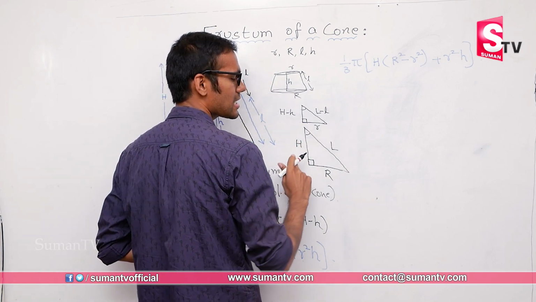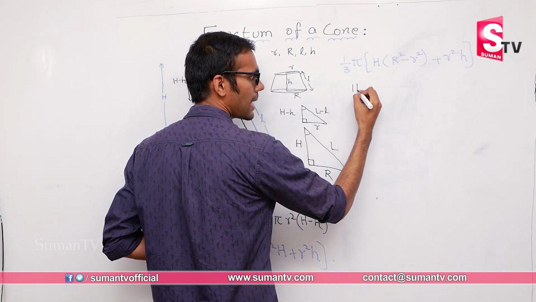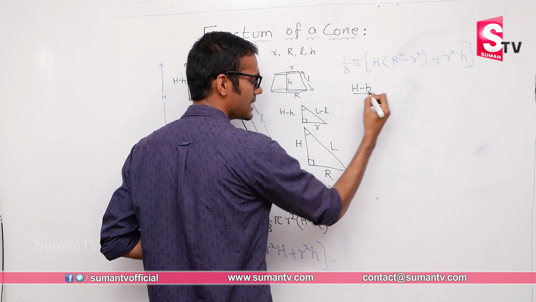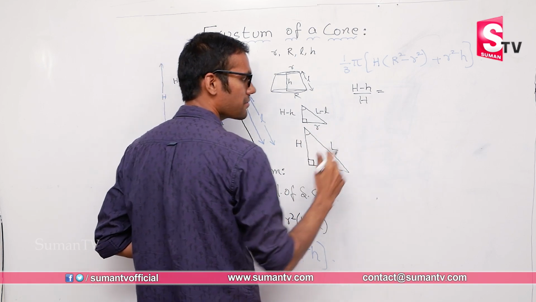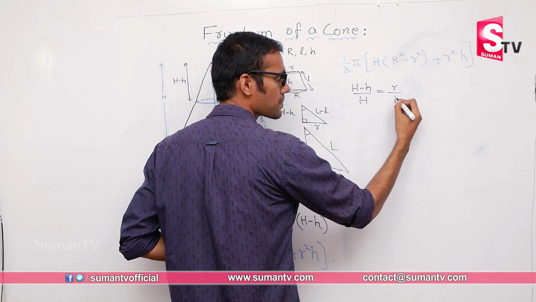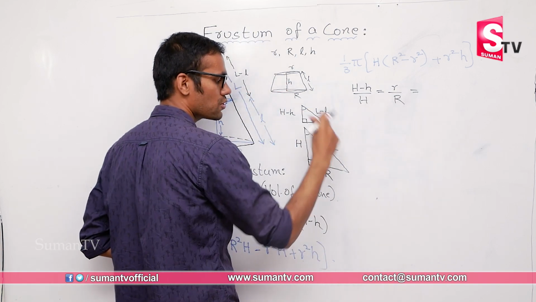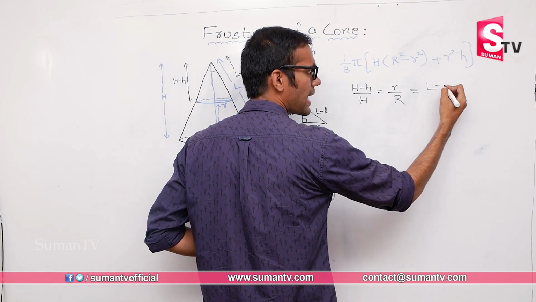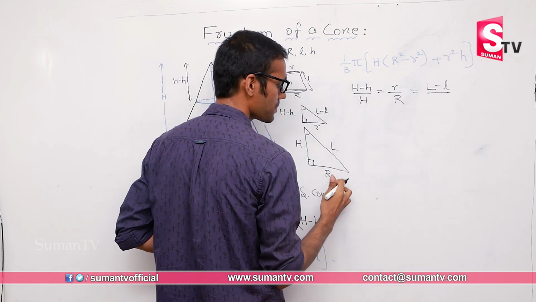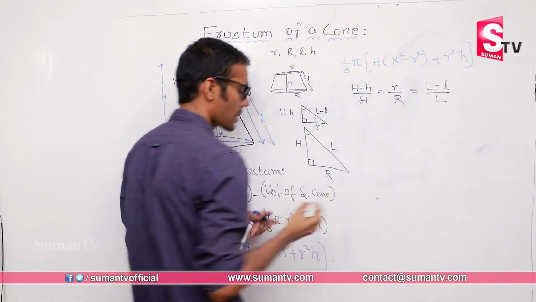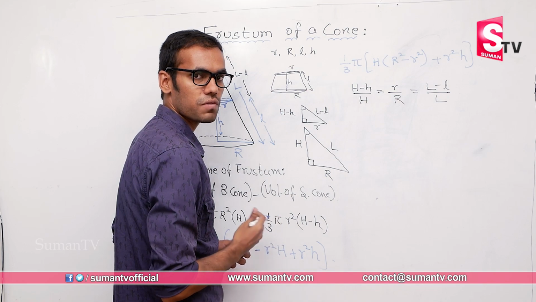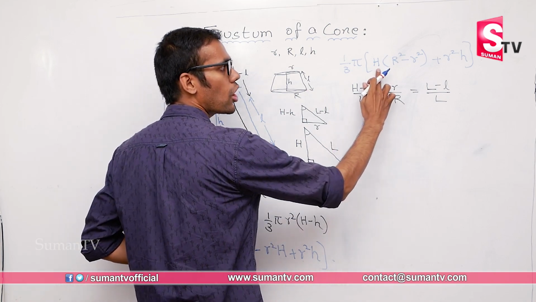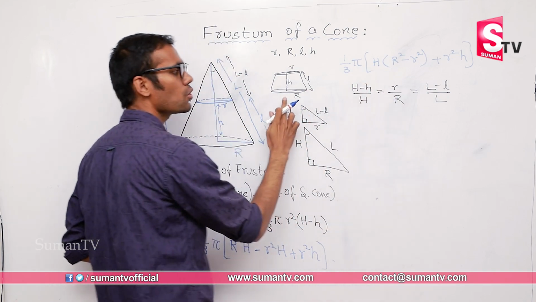So we will take the corresponding sides. Capital H minus small h divided by capital H will be equal to small r divided by capital R, which will be equal to capital L minus small l divided by capital L. Now this is the condition that we got according to the similarity of the triangles. So we want capital H in terms of the known values.